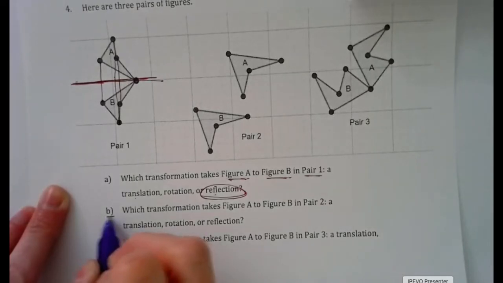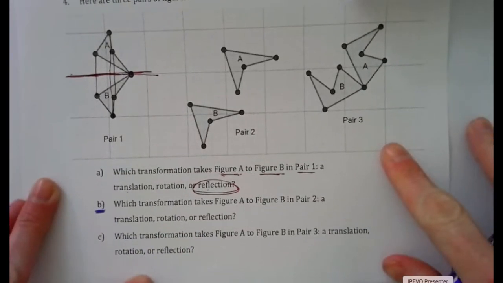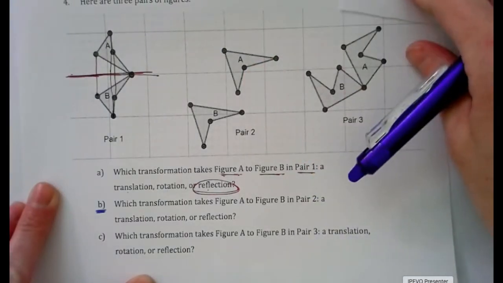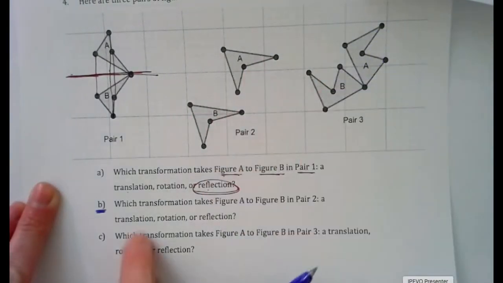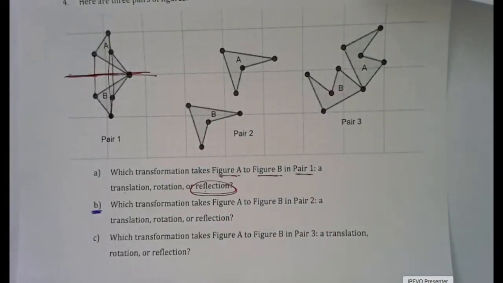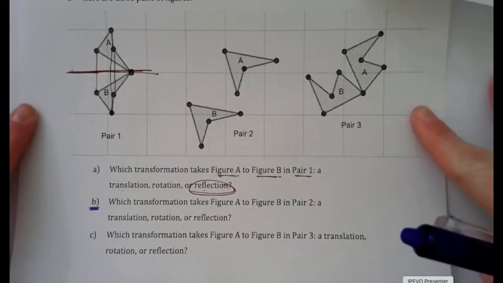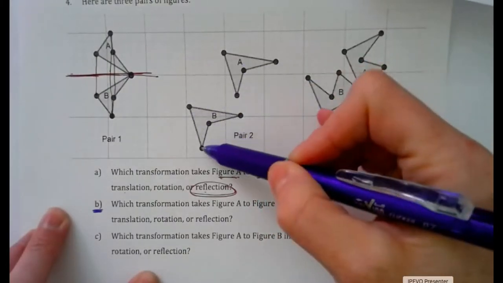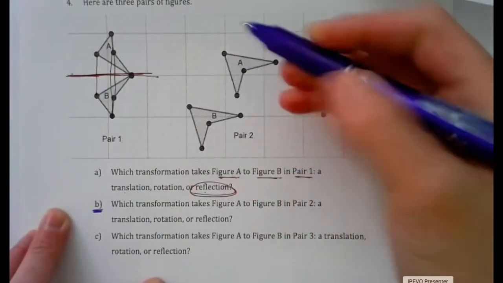Okay, so for B, we'll do B in blue. So how does this shape become this shape? Well, you could draw it and test out each of these options, but we want to start looking at the characteristics and see if we can figure out what's happening. If I look at my figure, do you see how they're going the exact same direction?